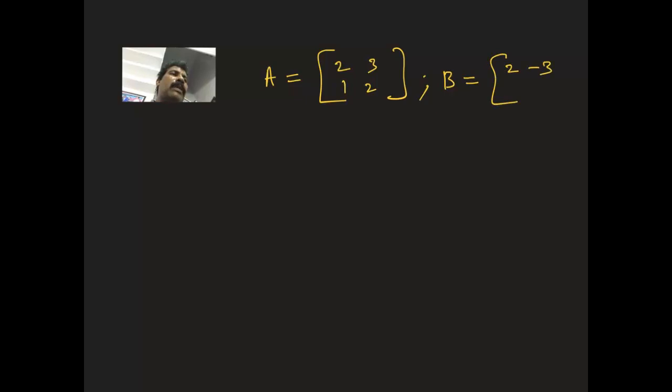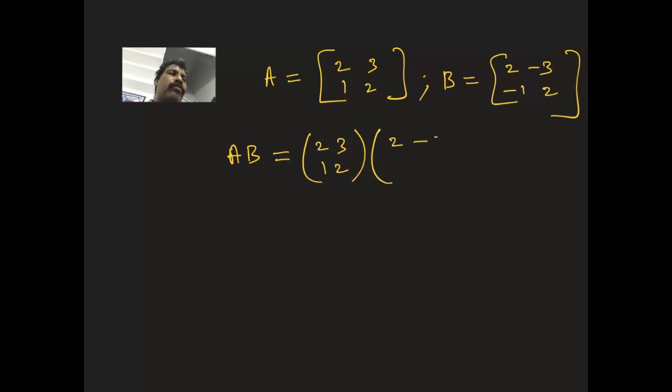Consider the square matrix capital A is equal to 2 3 1 2, and another square matrix capital B is equal to 2 negative 3 negative 1 2. Now what will happen when we consider the product AB, that is equal to 2 3 1 2, then 2 negative 3 negative 1 2. We know matrix multiplication is a row column method.